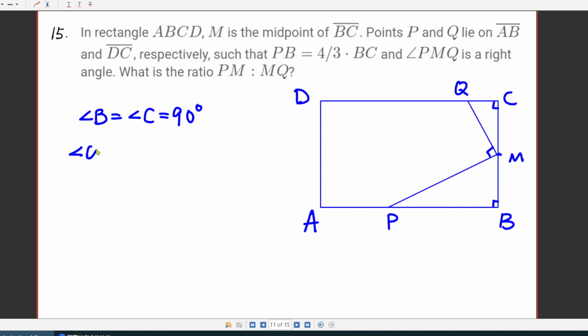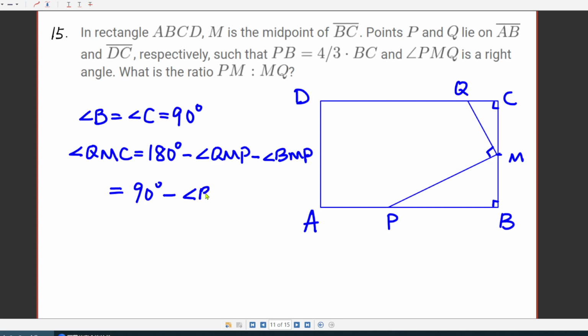And angle QMC is 180 degrees minus angle QMP, then minus angle BMP, right? And then that's actually 90 degrees minus angle BMP, which equals angle MPB, right?